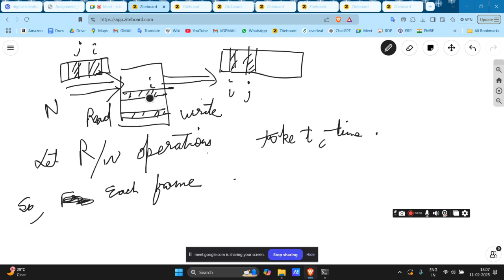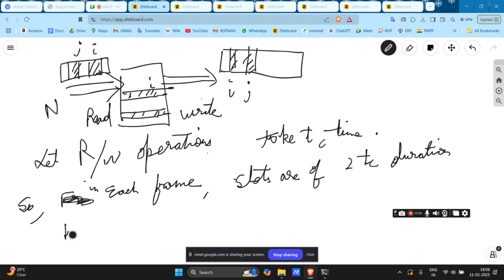Each operation takes 2 tc time. There is a read operation which takes tc and then there is a write operation which takes another tc. So in each frame, slots are of 2 tc duration. So the time needed to transmit a slot is 2 tc.